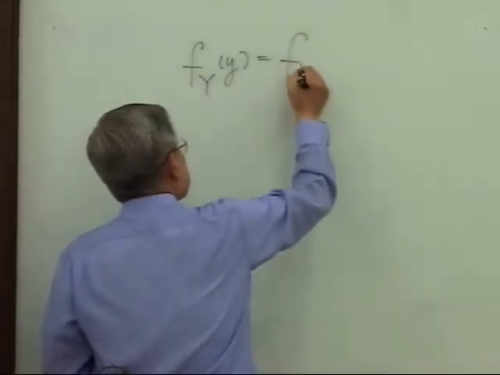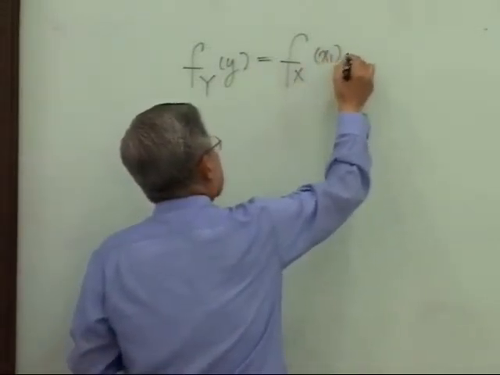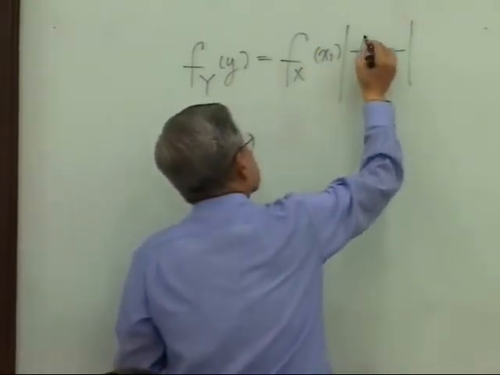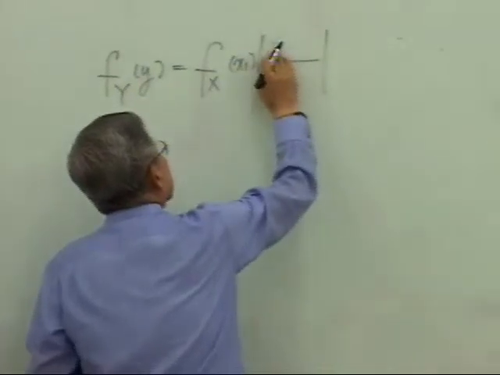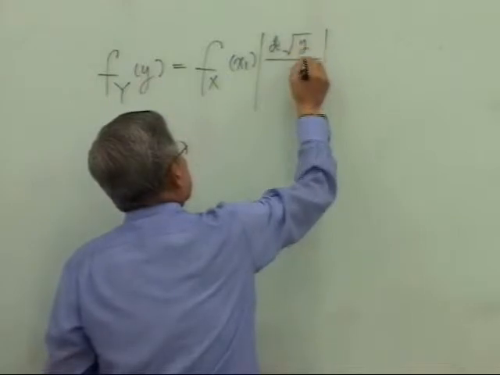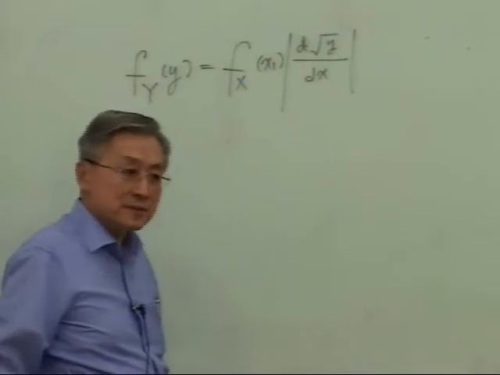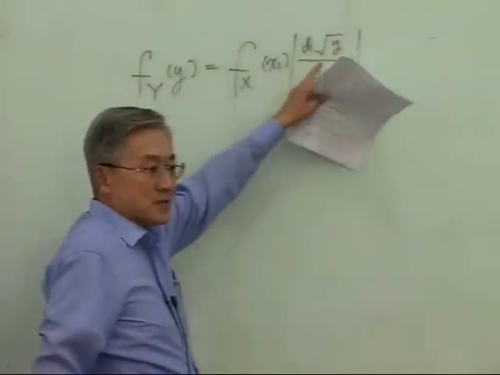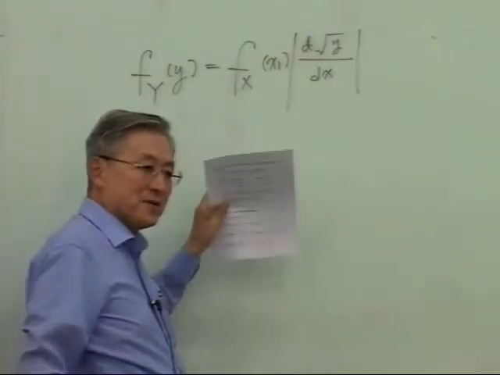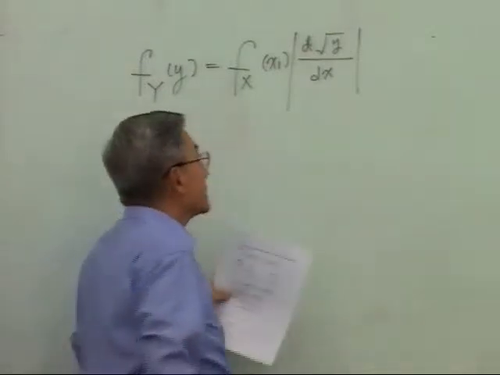This is two terms, of course, and x1, and this is d square root of y over dx. That's x1. Okay. This is x1, but I have to express y because we are looking for the PDF of the random variable Y.